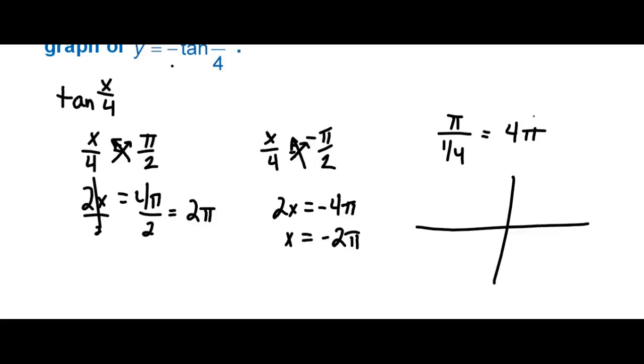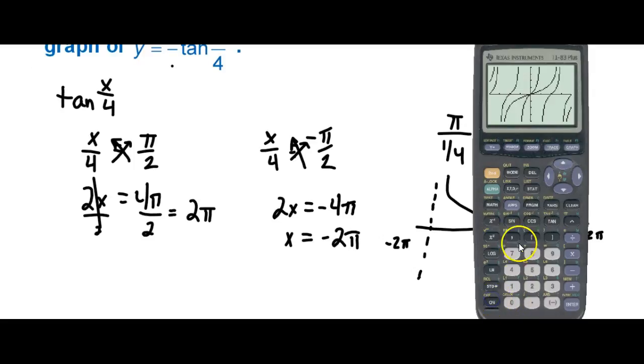So we have an asymptote at negative 2 pi, an asymptote at 2 pi, so mirrored across the y-axis. And then instead of coming up like that, our graph's going to start at infinity and come down to negative infinity. So let's just go ahead and view that on the graph.